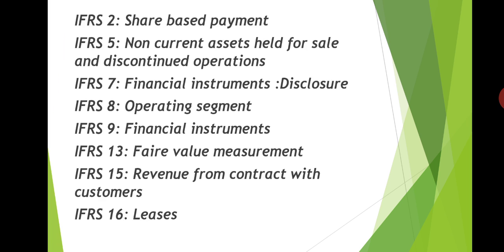And also we are going to study IFRS 2, that is International Financial Reporting Standard 2, share based payment, IFRS 5, non-current assets held for sale and discontinued operations, and 7, financial instruments disclosures, and 8, operating segments, and 9, financial instruments, and 13, fair value measurement, and 15, revenue from contracts with customers, and at last IFRS 16, leases.